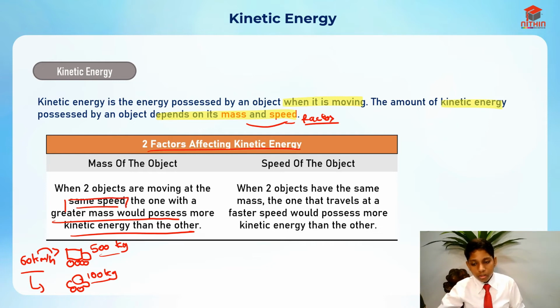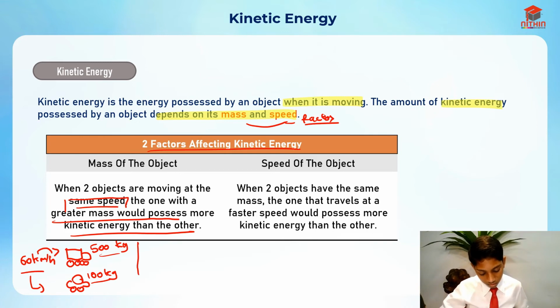If the car is moving faster than the truck, but the truck is still at 60 km per hour, we can't determine which one has greater kinetic energy, because two variables have changed, and in the primary school syllabus only one variable is changed, so we can't do anything about that.